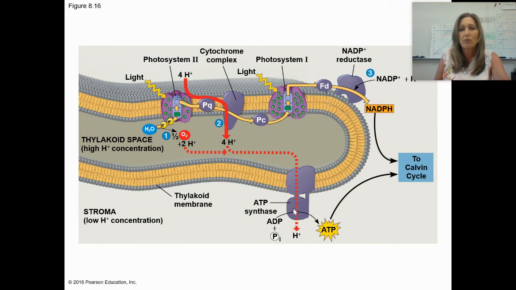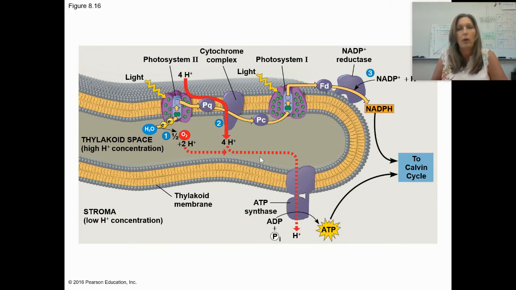So this is what I refer to as photophosphorylation. So make sure you're also recognizing, if I say photophosphorylation, I'm talking about the making of ATP in the light reaction of photosynthesis. If I'm talking about oxidative phosphorylation, I am now talking about the electron transport and chemiosmosis that happens in the mitochondria.